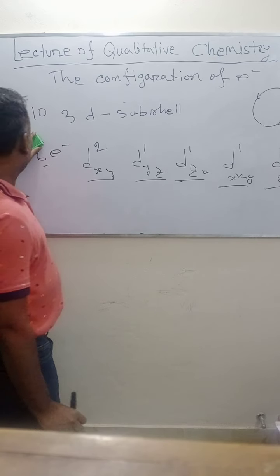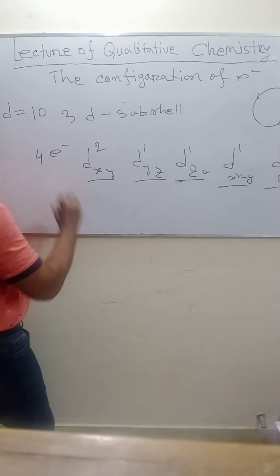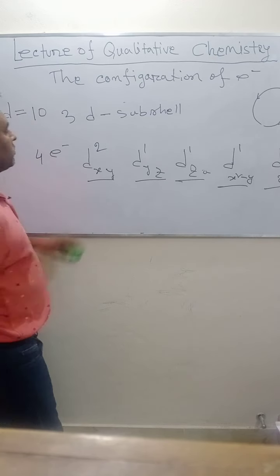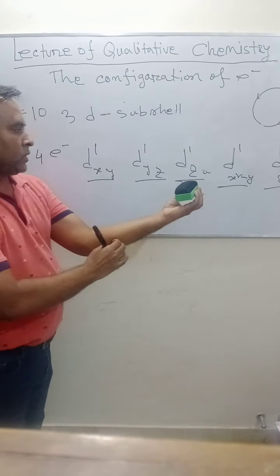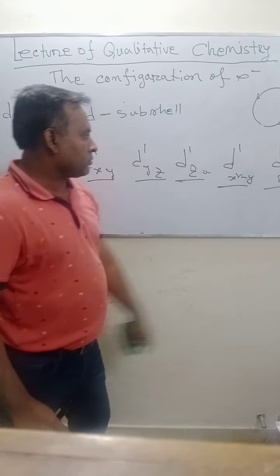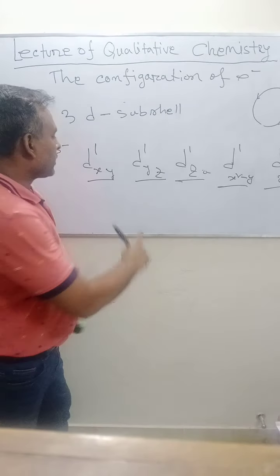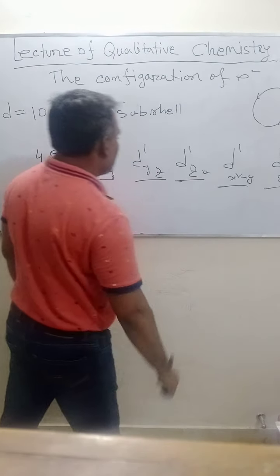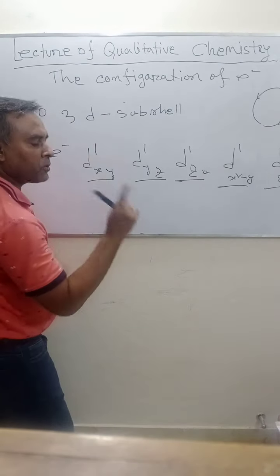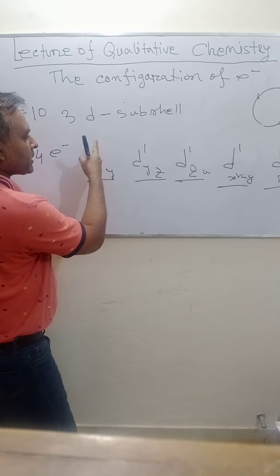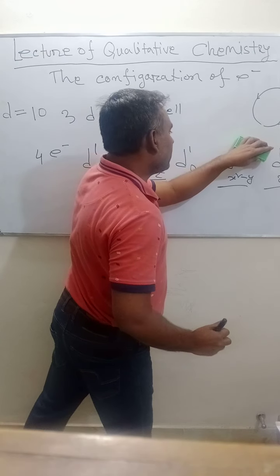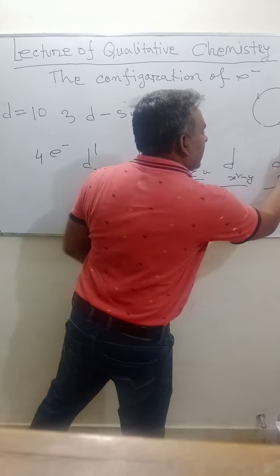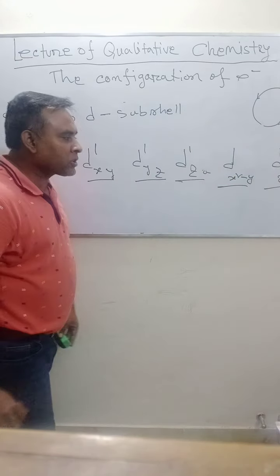If you have 4 electrons, how will you do? Then this would be 0, this would be 0. As I told, all are the same energy, so you have to distribute the electrons from the start: first 1, 1, 1. But if you don't give it here and give it there, it is also possible.